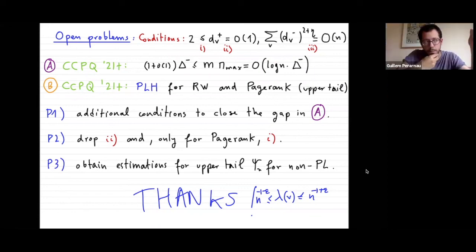Yeah, it's true. We got this PageRank result, but it was not a direct corollary; it was coming from our results on random walks. But there's a huge literature on PageRank, and you have all these parameters that you can tune.